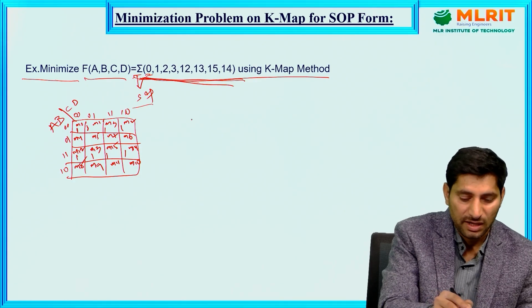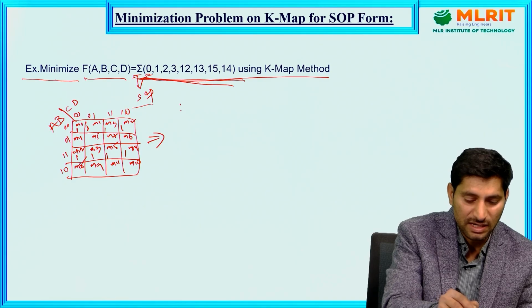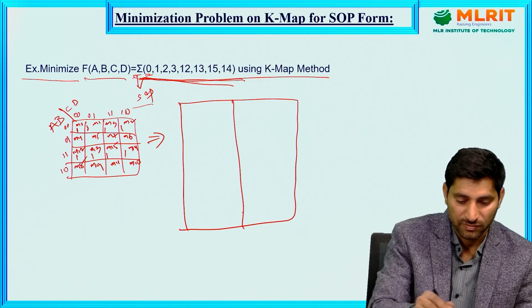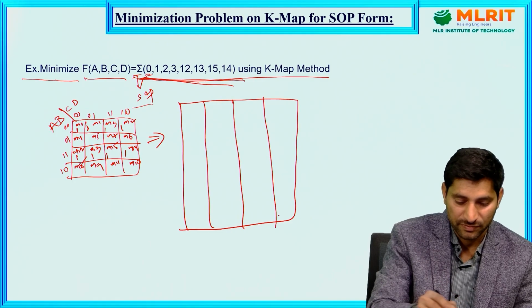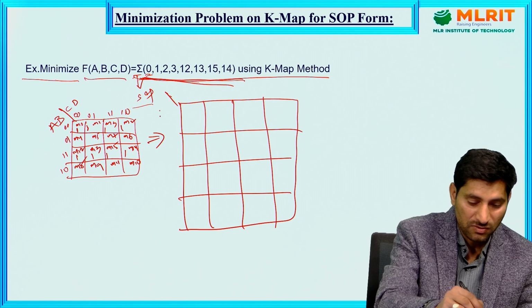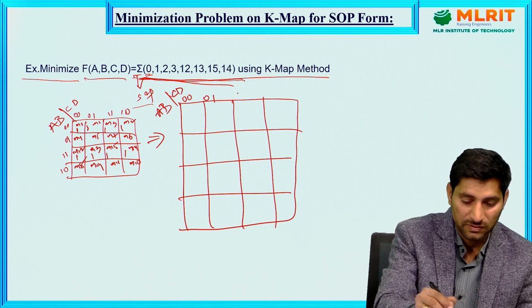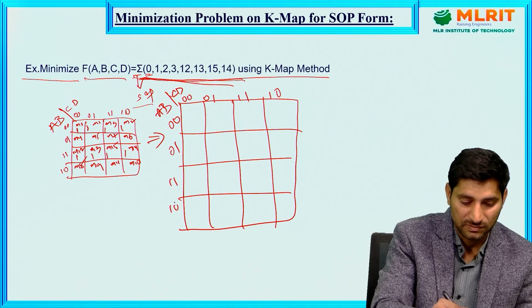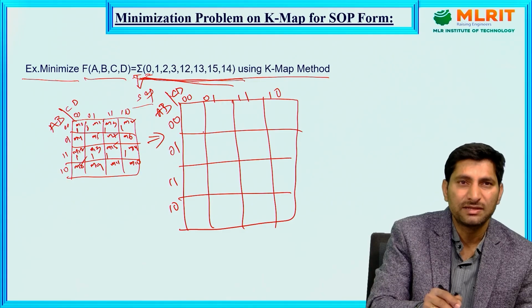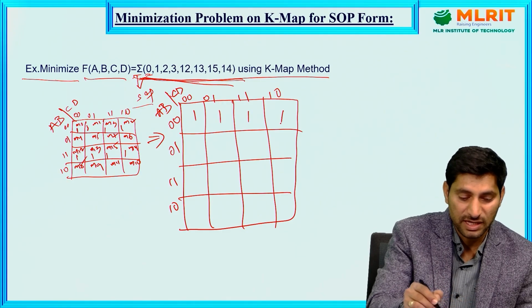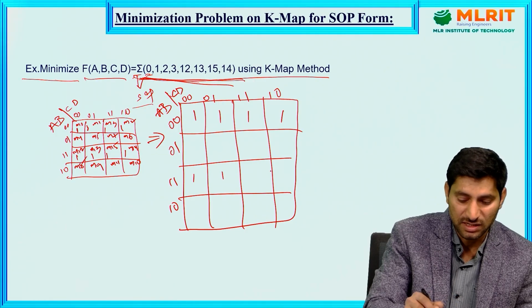Let us rewrite this again clearly. Now, what are the terms marked here? The given terms are 0, 1, 2, 3, 12, 13, 14, 15.